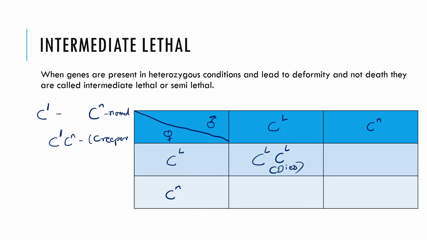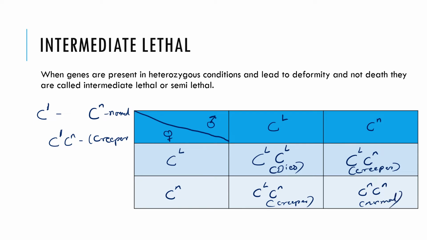But it will express itself in heterozygous condition also, not leading to death of the individual, but only deformity. So this individual becomes a creeper. Even this individual becomes a creeper, and the individual which gets both the normal alleles will have normal legs.